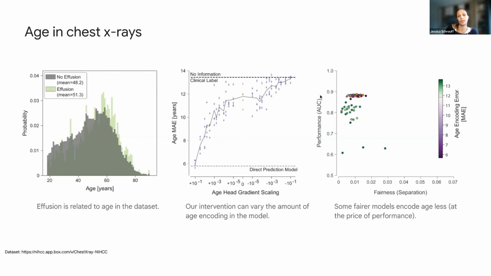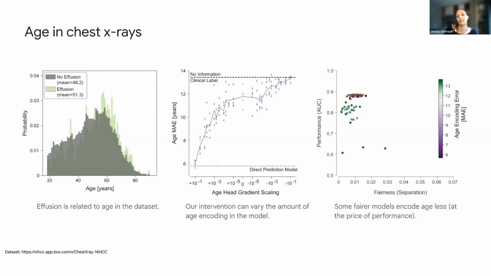And so what's interesting to look at is the performance versus fairness versus encoding. So encoding is the shade, and when the model encodes less age, it's in the green. When it encodes more, it's in the purple. The orange dots are the 0, so no intervention.